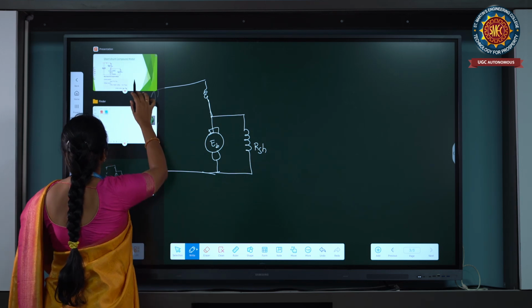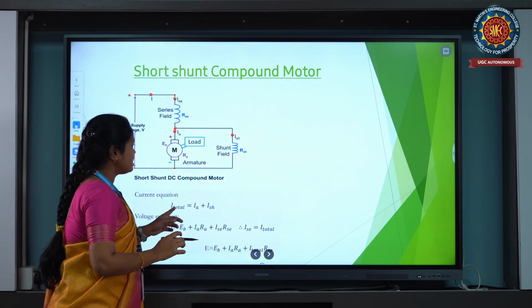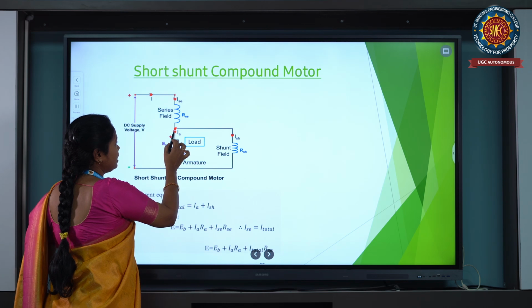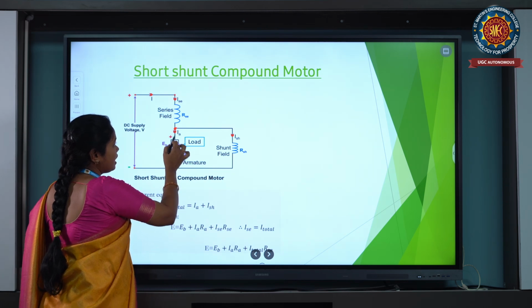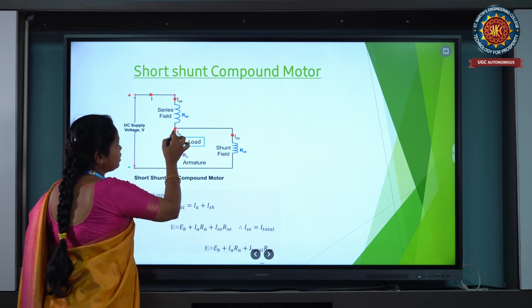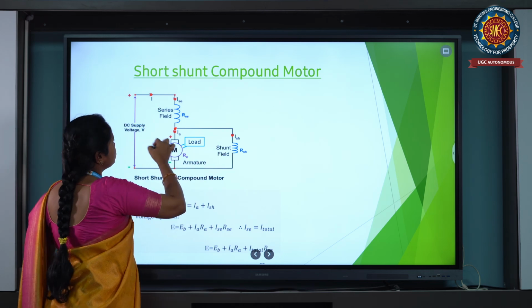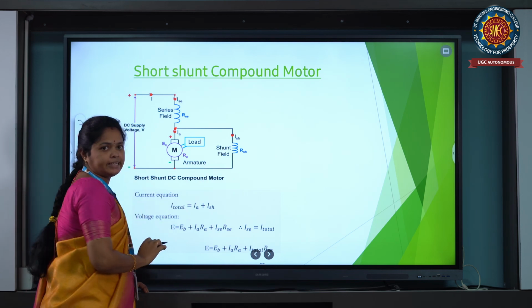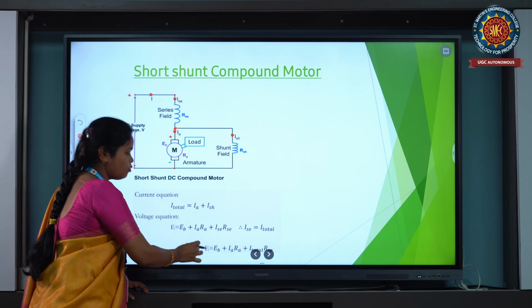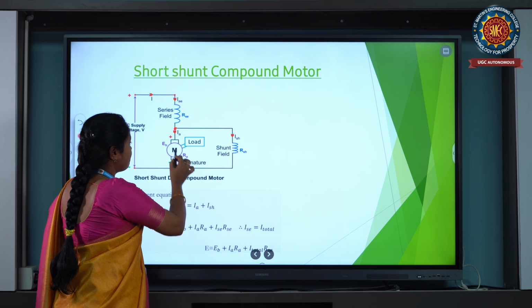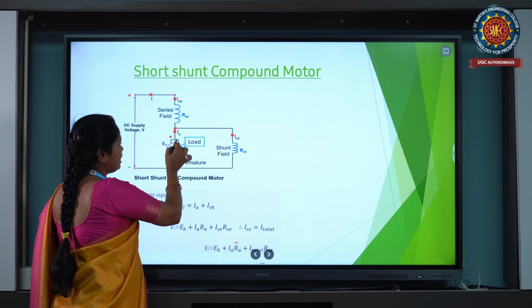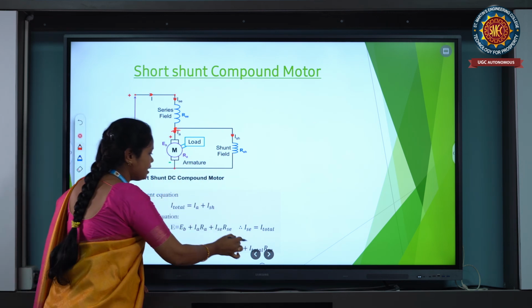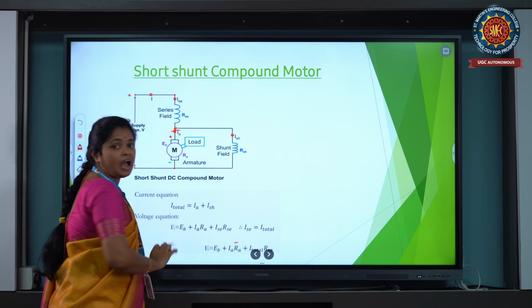Now we'll discuss the equations in the short shunt motor. At this point the current is dividing, and the total current in this circuit is IA plus ISH. The voltage is EB plus IA RA plus ISC RSC.